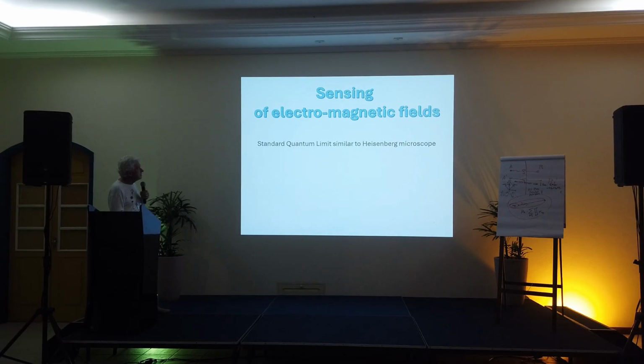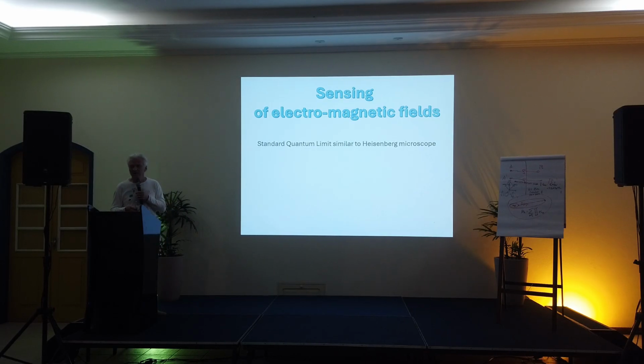So, one of the main general directions of quantum sensing is, of course, sensing of electromagnetic fields, because what else do we want to sense? Well, we can sense gravitational waves, and in fact, in my talk at the conference on Monday, we'll be talking about our efforts in this direction.